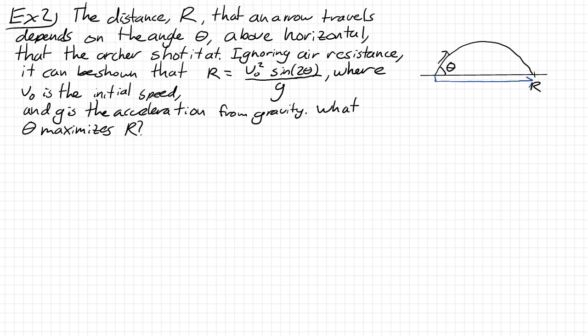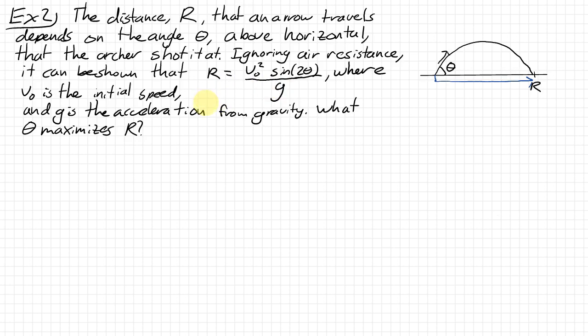So if you want to know what theta maximizes r, we might need to think first about what the domain of this is. Well, there isn't really one well defined, so we can't really use the extreme value theorem. But what we can do is start by finding critical points. So let's do that.